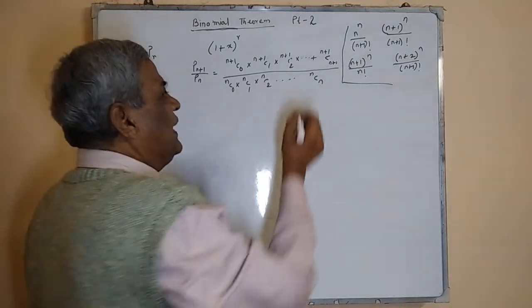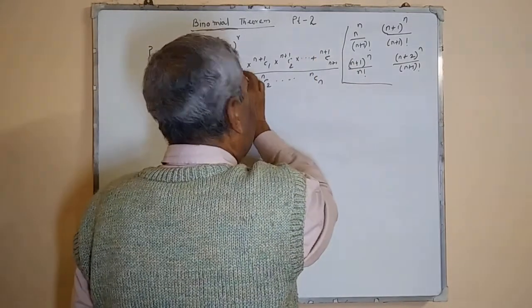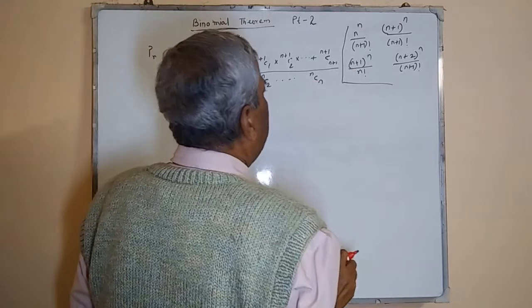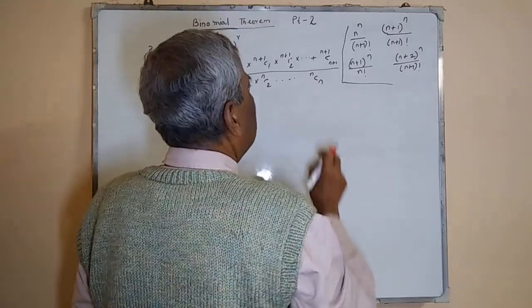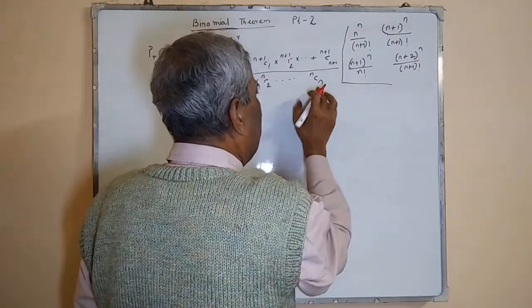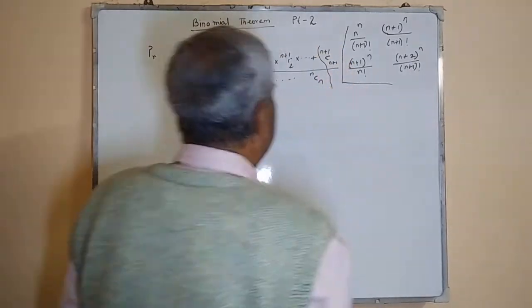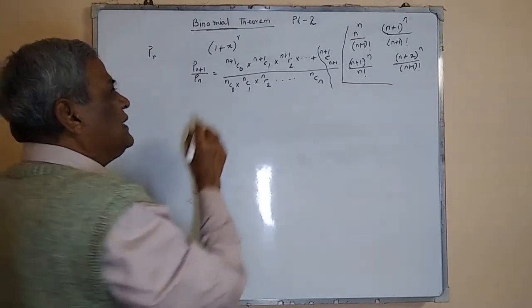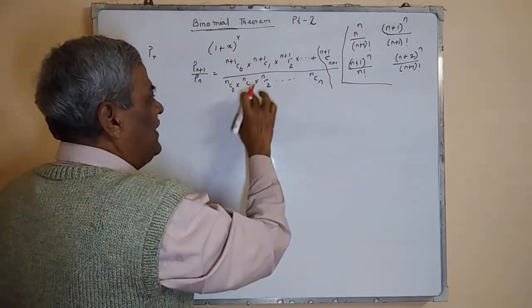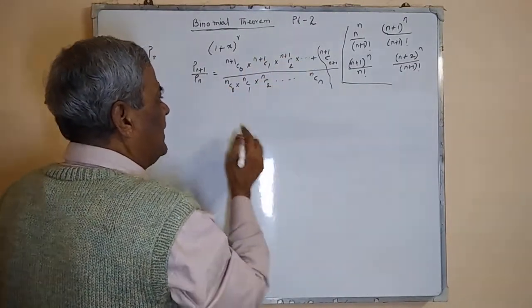Now, in the numerator there are n plus 2 terms and in the denominator there are n plus 1 terms. So, except that term, it is only this divided by that, this divided by that, this divided by that.